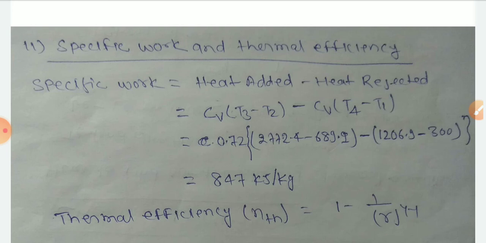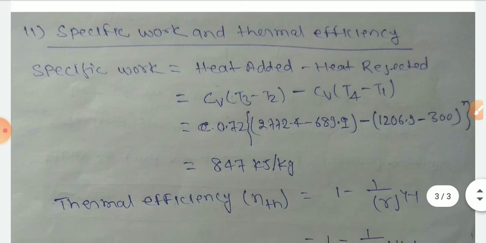You can put in the values: T3 is 2772.4 Kelvin minus 689.1 Kelvin, minus T4 which is 1206.9 Kelvin minus 300, T1 is 300. So you can find the specific work is 847 kilojoule per kg.